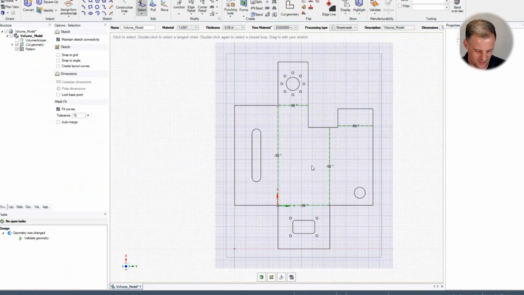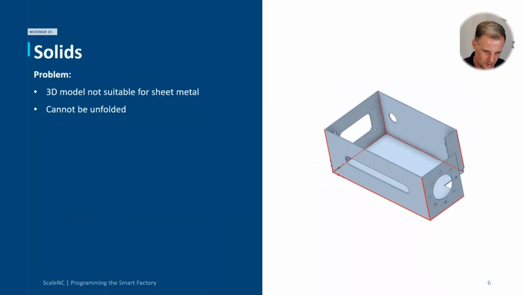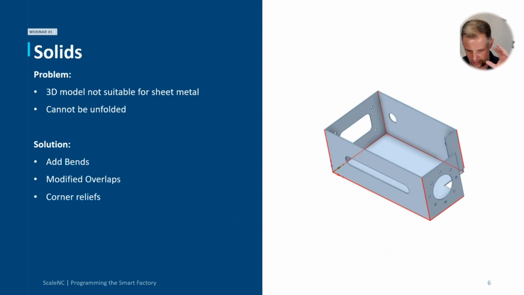Let's take a look back at our first problem. It was the solid file. The model was not made for sheet metal. It was not possible to unfold it. And my solution with this conversion tool: I added some bends.